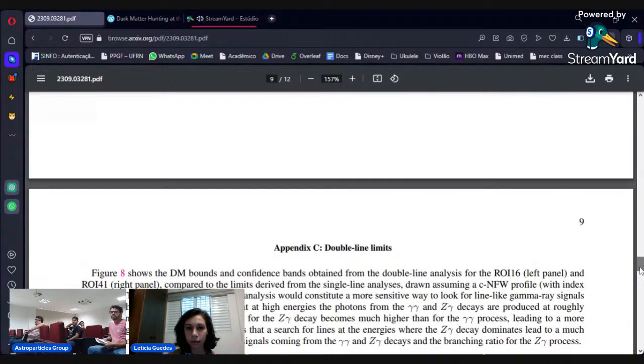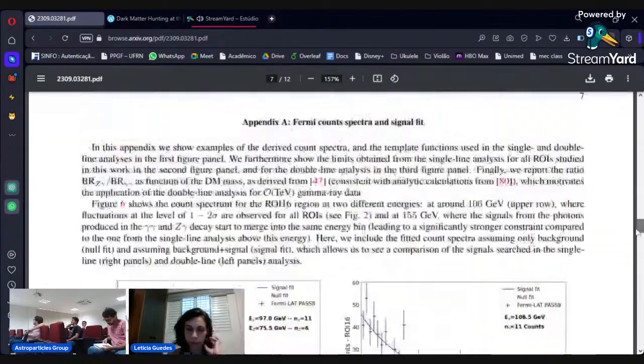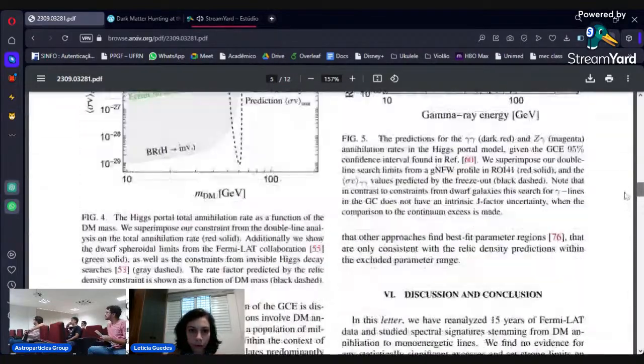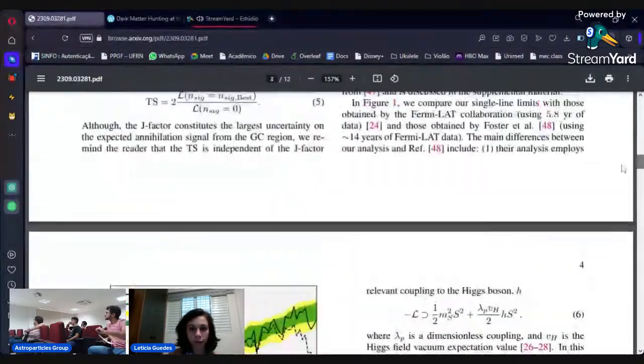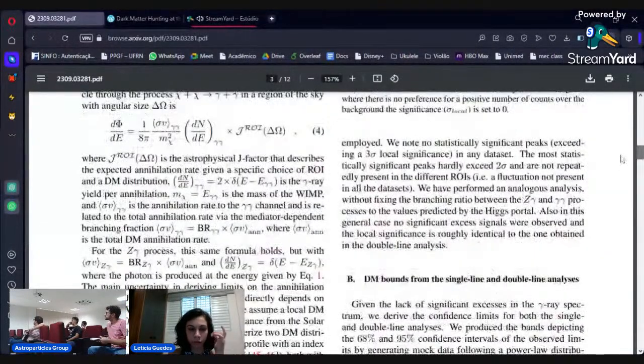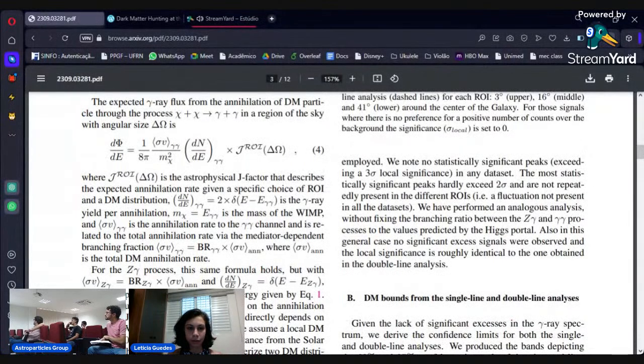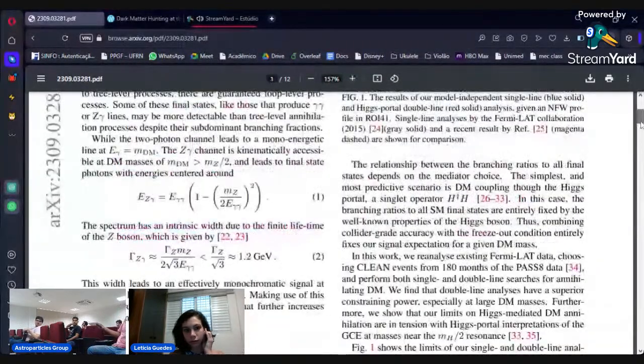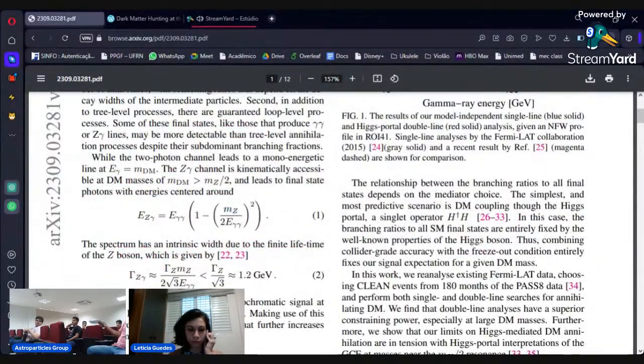But I mean, I don't know if this is actually related to the questions that you have, but in the energy spectrum, with the delta function, we differentiate the specific energy that we want to get. In the case of the photon, we want this energy to be equal to the mass. In the case of the gamma Z, we get this Ez, I mean, it's just the intrinsic mass of the Z. But in terms of what we measure, it will be energy anyway.